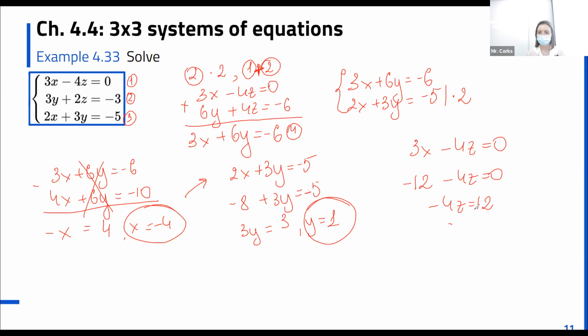Then z equals minus 3, because we need to have plus here.